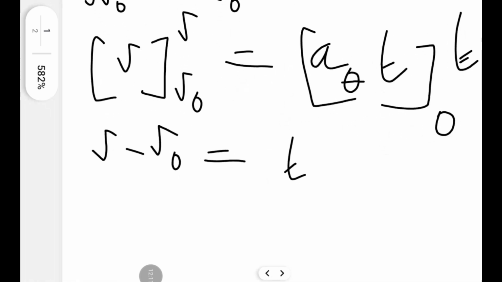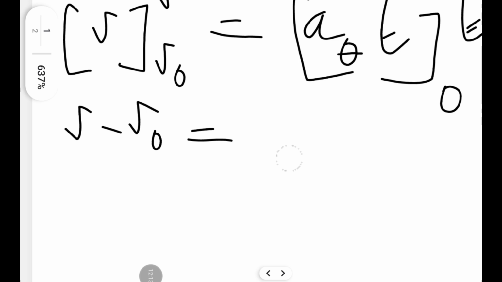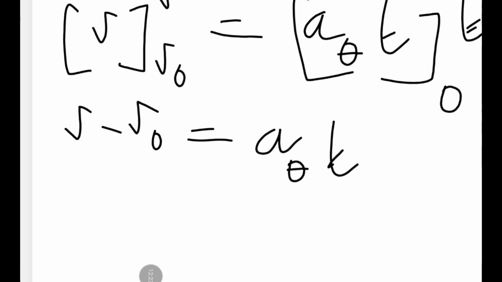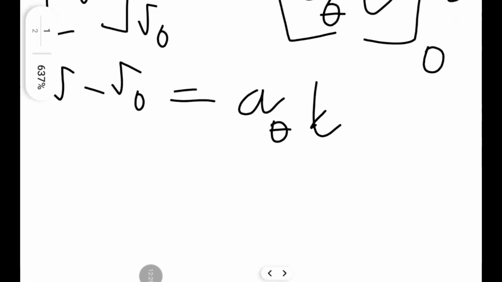Anyway, once you have it in that form, remember that a theta represents that acceleration value we got before. It's a big expression, and we don't want to write it out every single time. What you're going to see here is basically SUVAT being defined, because SUVAT comes from calculus.